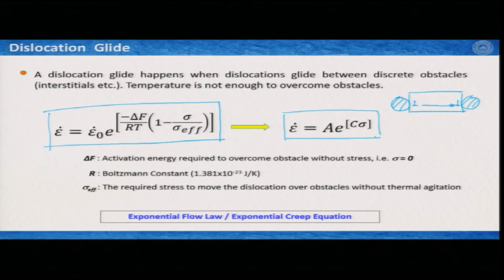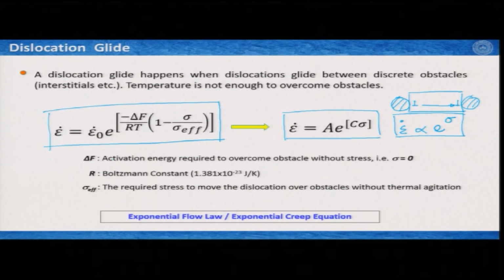What is important here is that if we simplify it, we can see that strain rate is proportional to sigma, to stress, with an exponential term. So, that is known as the exponential flow law. What are the different parameters here?